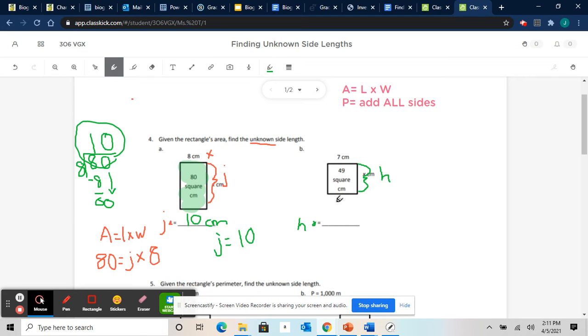If I have a total area, I know my total area is 49, and I have one of my sides, which is 7, I have to basically just ask myself, 7 times what gives me 49? Or I can say 49 divided by 7, which is the inverse operation. And that will also give me what H is. And if you know your basic facts, you know that 7 times 7 gives you 49.